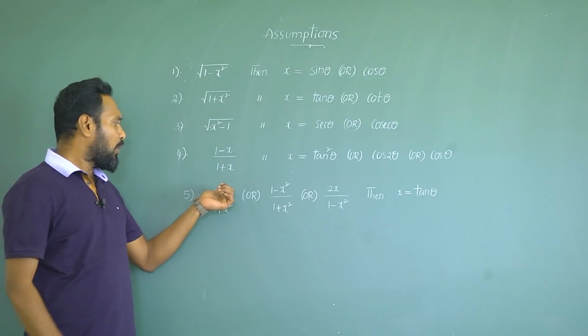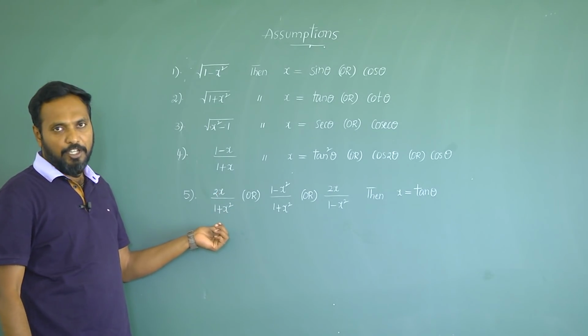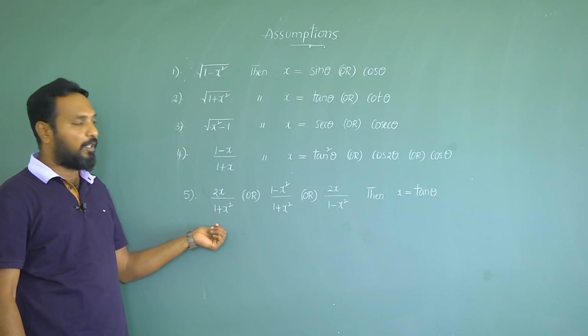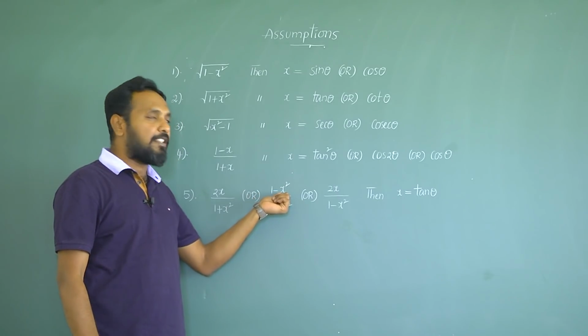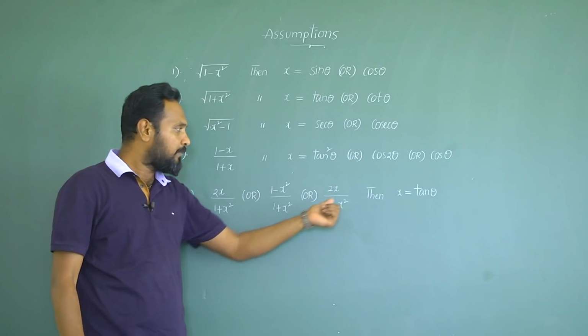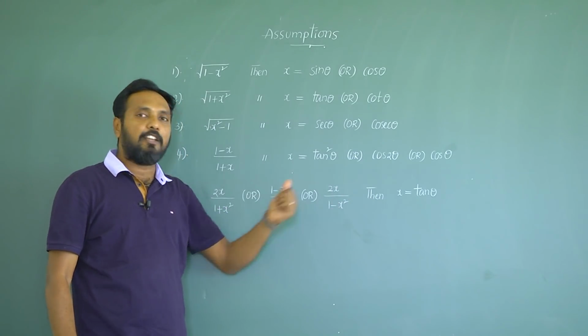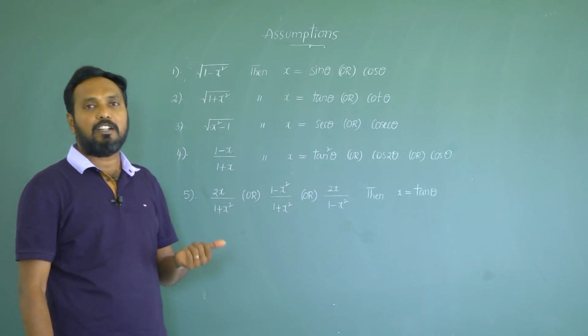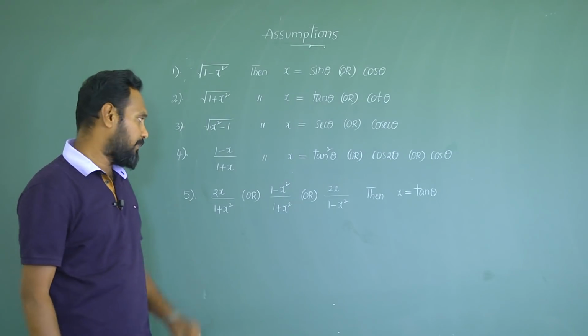Why? Because 2 tan theta by 1 plus tan square theta is sin 2 theta. 1 minus tan square theta by 1 plus tan square theta is cos 2 theta. 2 tan theta by 1 minus tan square theta is tan 2 theta for that form.